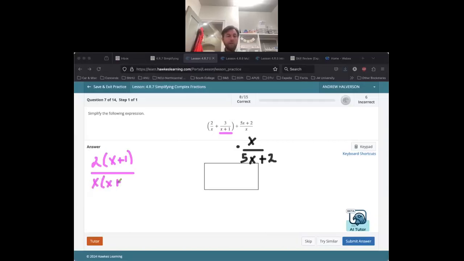Keep everything separate. Then take the denominator of the first fraction and multiply it to the top and bottom of the second fraction. And you are guaranteed to get the same denominator.